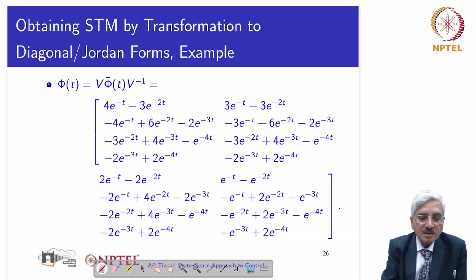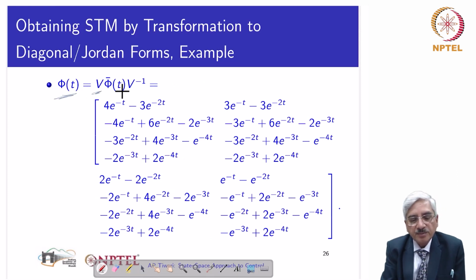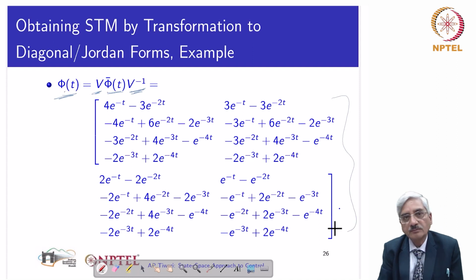And once phi bar is available, then phi t is the transformation V pre-multiplying phi bar and inverse of V post-multiplying that. So we get phi t as this. Now every time I suggest once we obtain phi t, then we should at least check that phi 0 is an identity matrix.